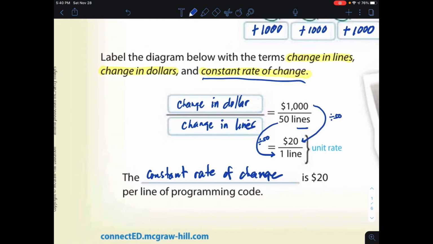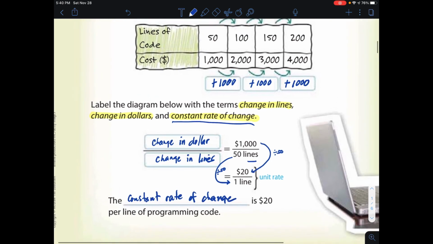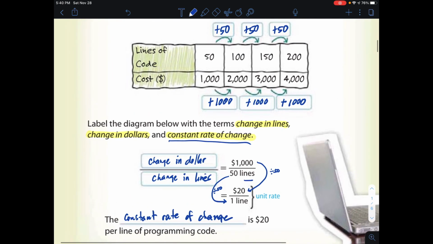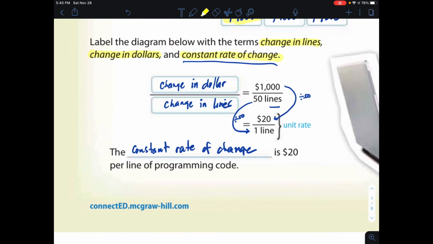So if we get the unit rate of our rate of change, of 1,000 lines, sorry, 50 lines per $1,000, if we get the unit rate, and the unit rate is $20 per line, that's what we call the constant rate of change.